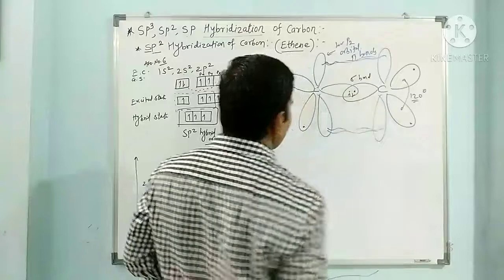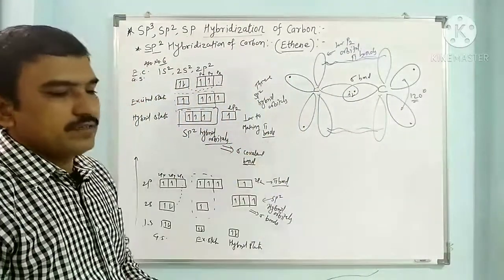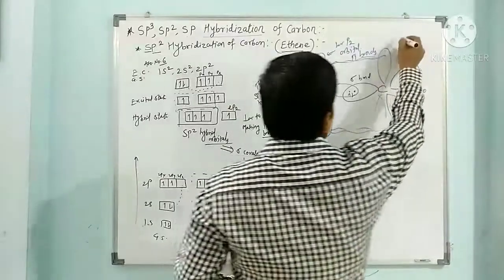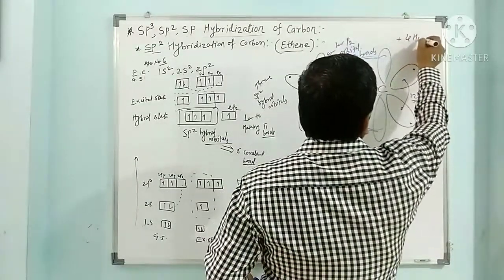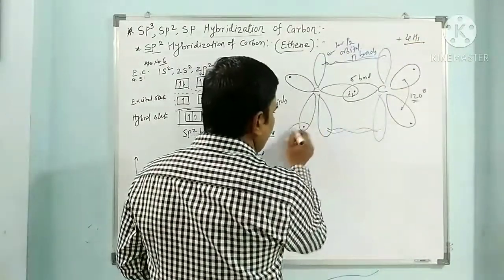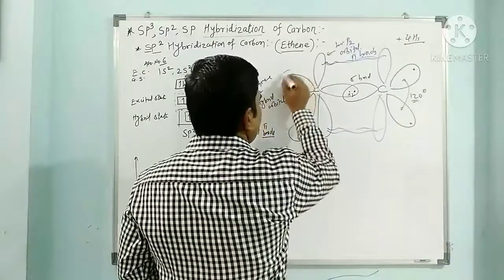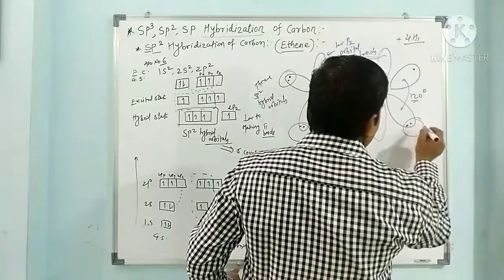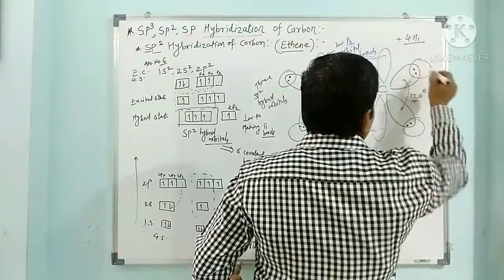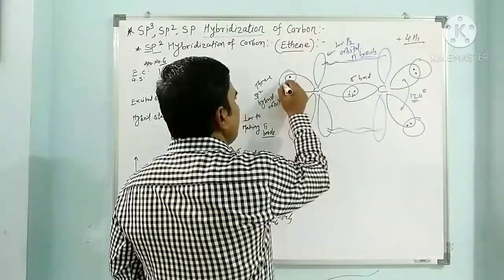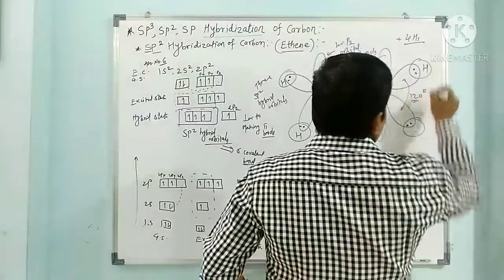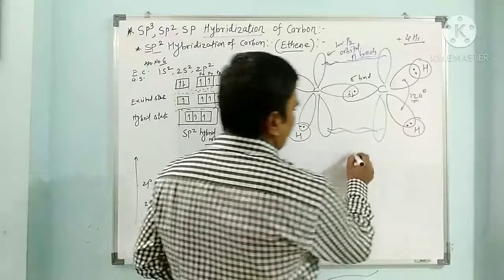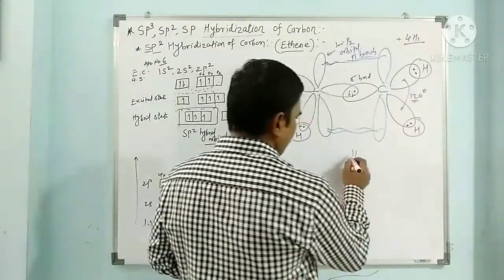This is an electron pair, and each carbon combines with hydrogens, 4 hydrogens in total, one electron from each hydrogen. So it forms sigma bonds with 4 hydrogens and makes the ethylene molecule.